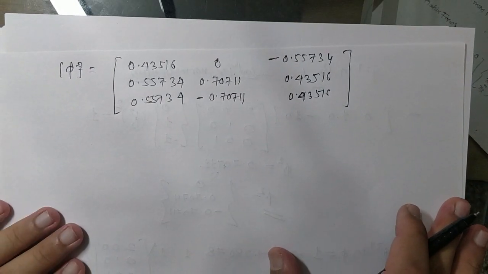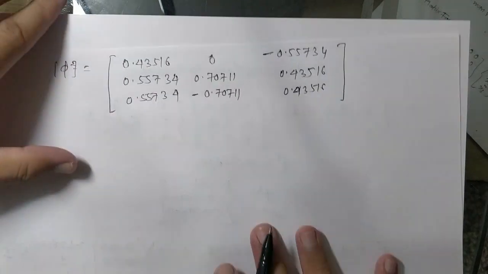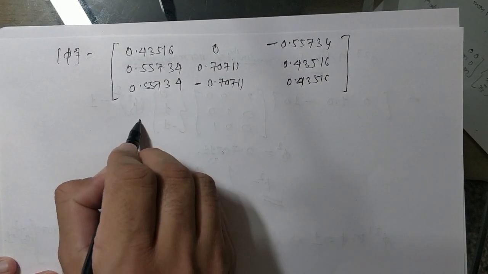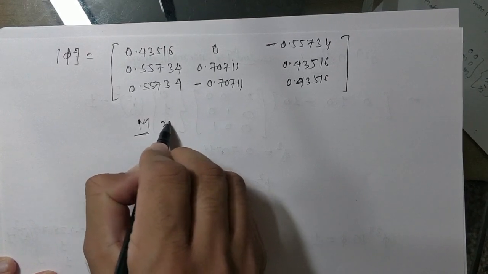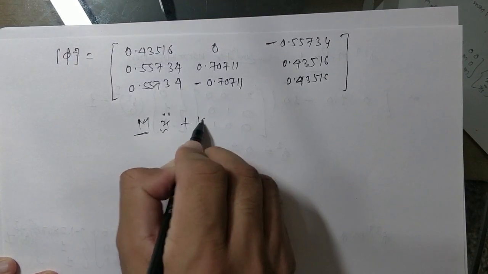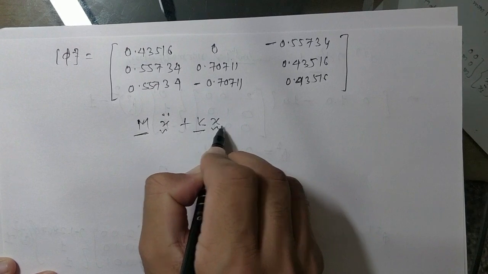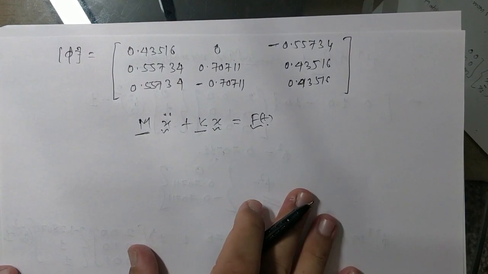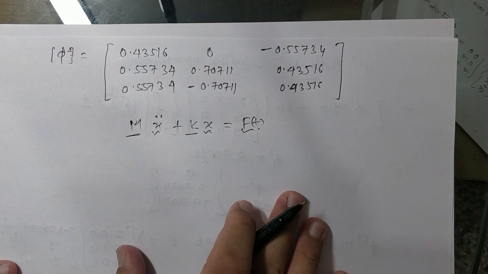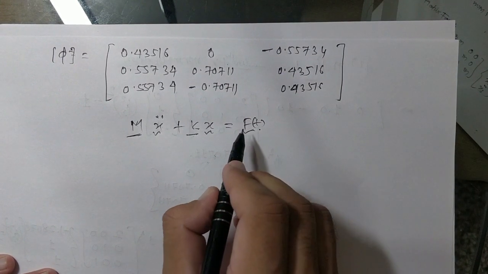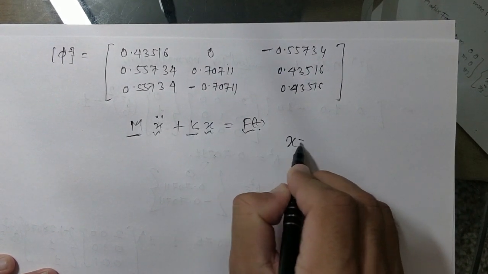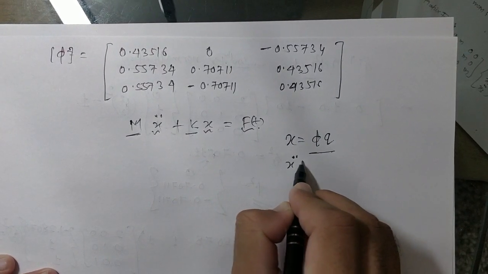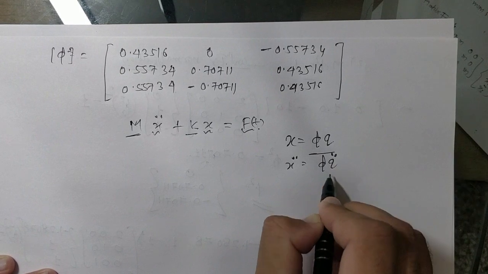So now we'll use this modal matrix. As we know, our equation was M matrix x double dot plus K matrix x is equal to F(t). From modal analysis, we assume x is equal to phi q and x double dot is equal to phi q double dot.